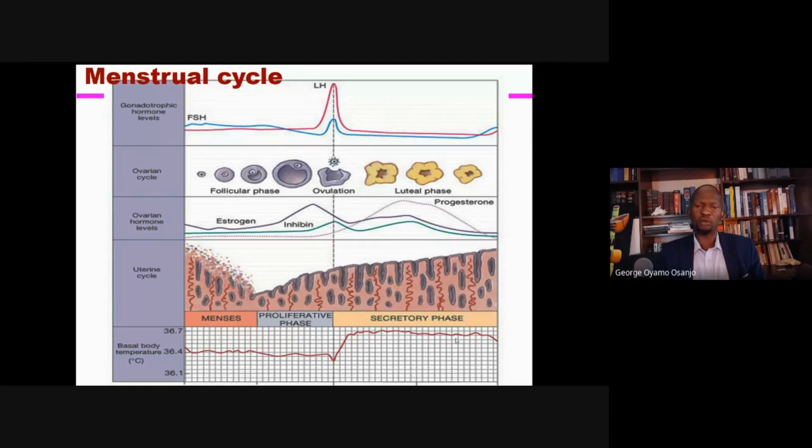The menstrual cycle typically begins in puberty, that is around 12 to 14 years. At puberty, the pituitary gland and also the hypothalamus increase their production of hormones.